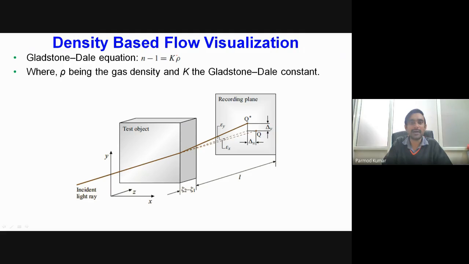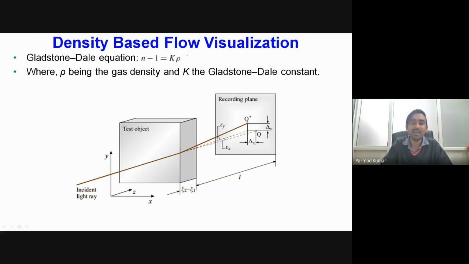While we are visualizing the flow phenomenon, it is based on the difference of density of the fluid. The major idea is that, while we have variation of the density inside the flow field, based on that we will try to identify the flow structures.